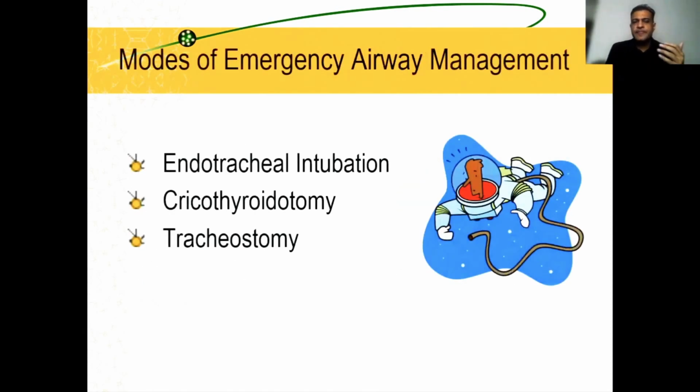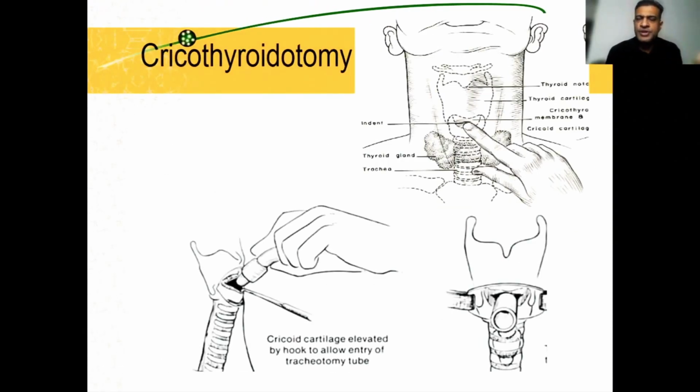Tracheostomy forms one of the modes of emergency airway management. The most important one is endotracheal intubation, followed by cricothyroidotomy, and third is tracheostomy. Endotracheal intubation, I am sure all of you are aware of.